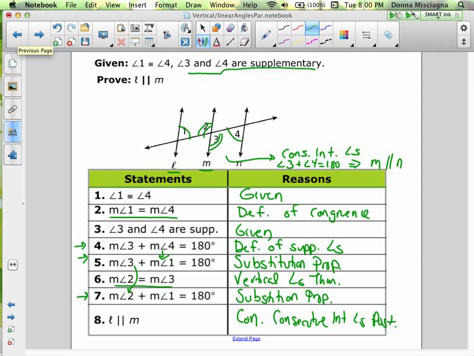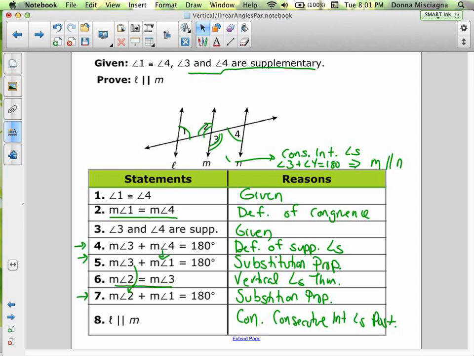And now we've proven that line L is parallel to line M. So since L is parallel to M and N is parallel to M, what do you think that must mean? Well, it must mean since these two lines are parallel to the same line, they must be parallel to each other. Right? If these two are parallel, and these two are parallel, all three of them got to be parallel. That's the only way it would work.